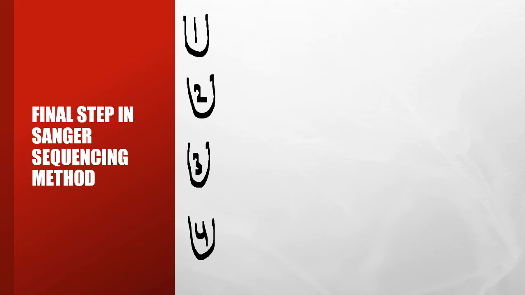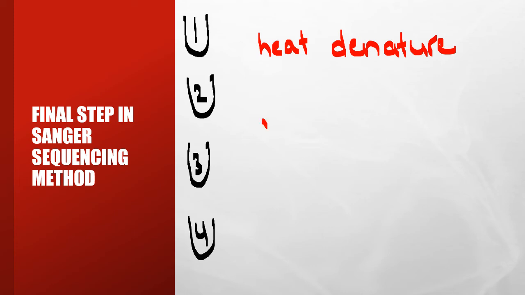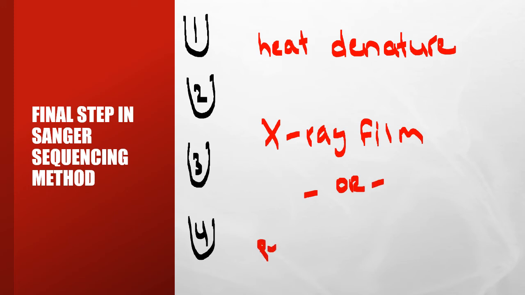After fragmenting the DNA in your 4 test tubes, you can heat denature the DNA fragments. Once these fragments are heat denatured, you can add the fragments to an X-ray film or polyacrylamide gel.